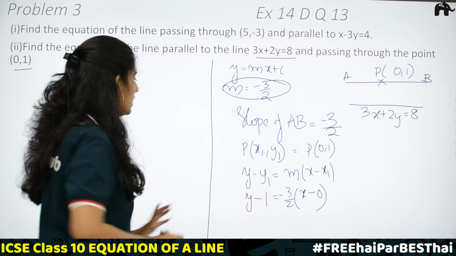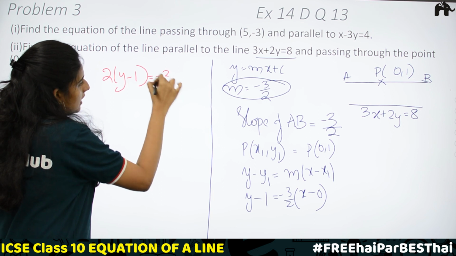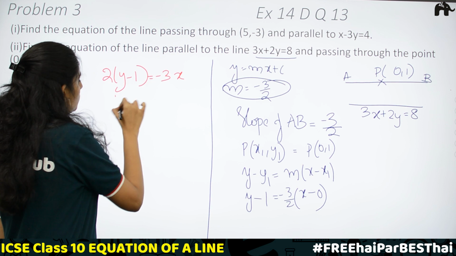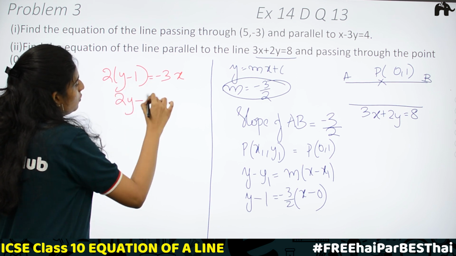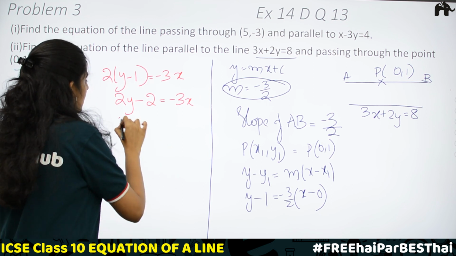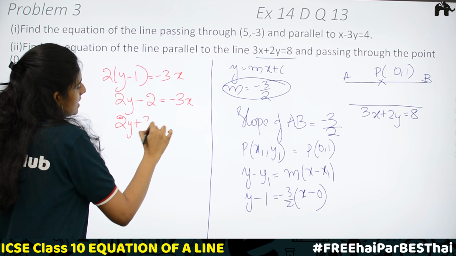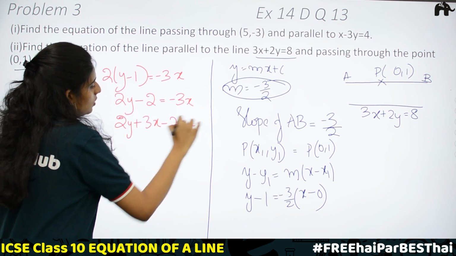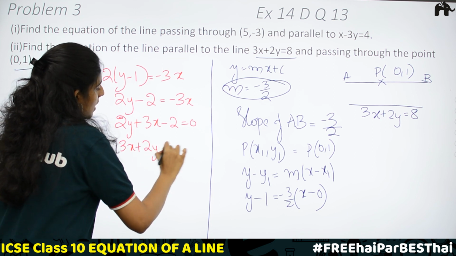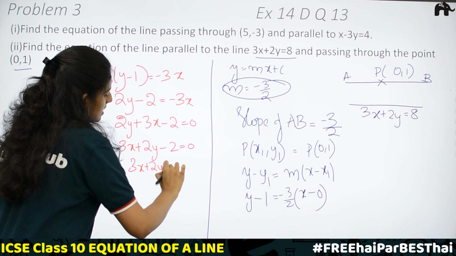Taking this 2 to LHS, we get 2 into y minus 1 is equal to minus 3 into x minus 0, which is x. 2 into y minus 2 into 1, 2, is equal to minus 3x. That is, taking this minus 3x to the opposite side, we get 2y plus 3x minus 2 is equal to 0. Rearranging, 3x plus 2y minus 2 is equal to 0 or 3x plus 2y is equal to 2.